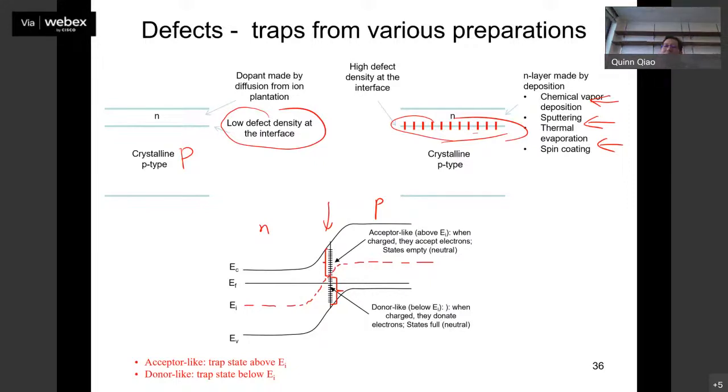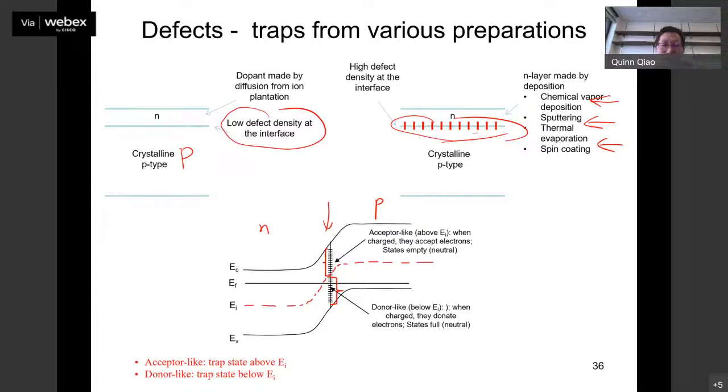That means they are not filled, not occupied. They are empty, and then they are neutral. But when you charge them, they become negative charge. When they are neutral and not occupied, they have to take electrons when charged. That's why you call that acceptor-like, because they like to take electrons.